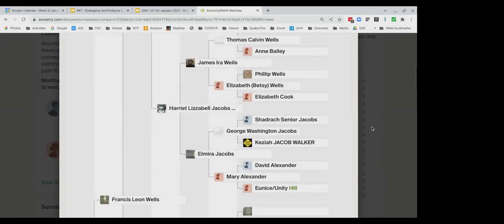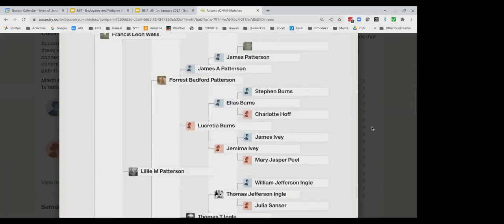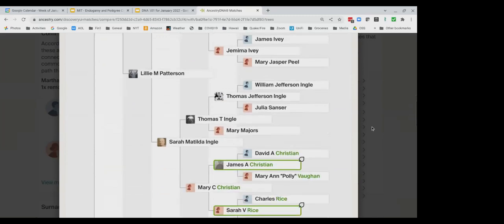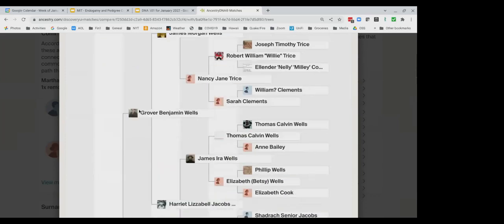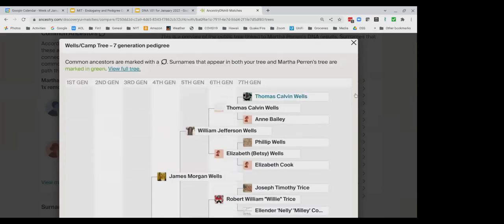And here all of a sudden, there we have the Christian, Vaughns, James Christian, Sarah Rice. Their daughter, Mary Christian, married Thomas Ingle, I-N-G-L-E. Okay, so what do I do now? I am now aware that there's going to be people in the DNA base who may have the last name of Ingle who are relationships to me.